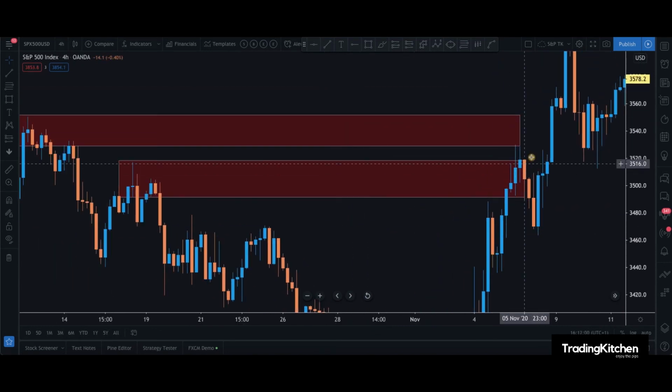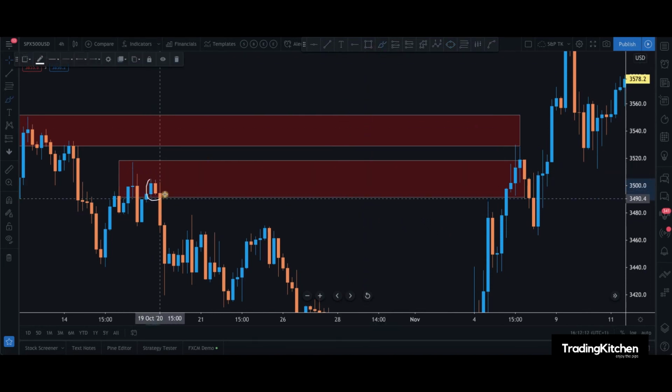Yes, as you can see, this is not so much here. Price reacted very good here, and this is a structure. Okay, this is a structure. Price reacted very good here, here, and here as well. Three times. Three areas from which price reacted very, very good.